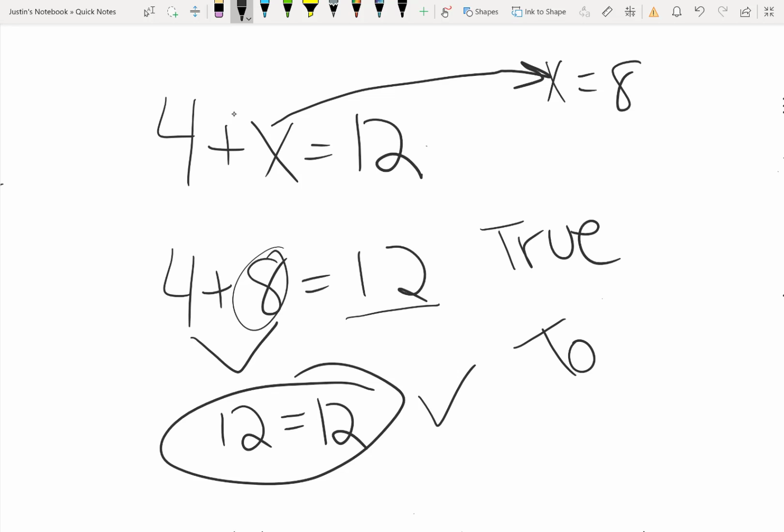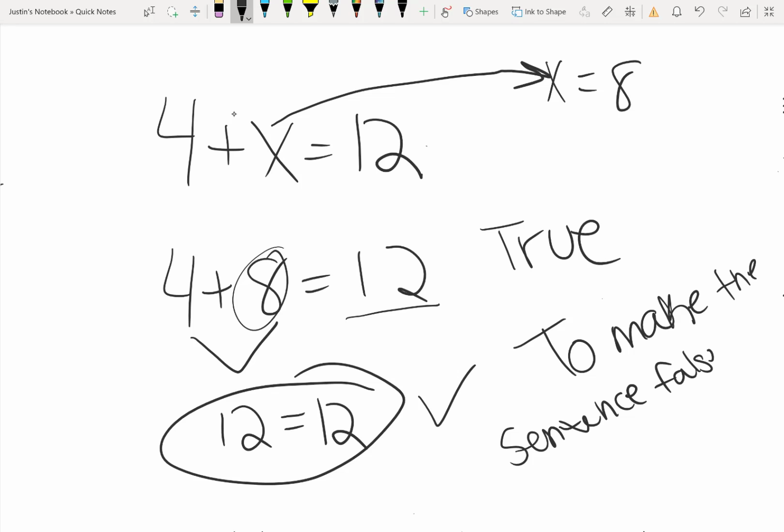It said to use a complete sentence. To make the sentence false, I would have x equal, and remember, any number that is not equal to 8.